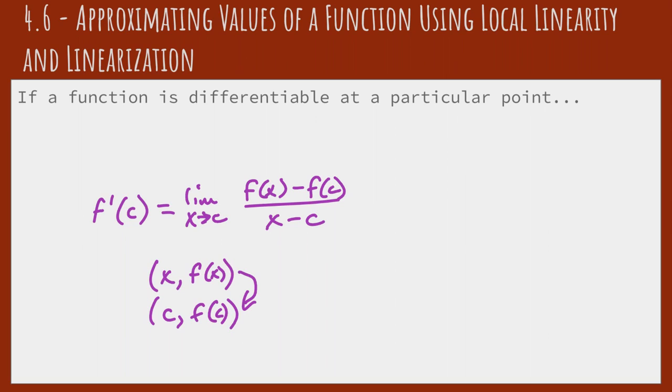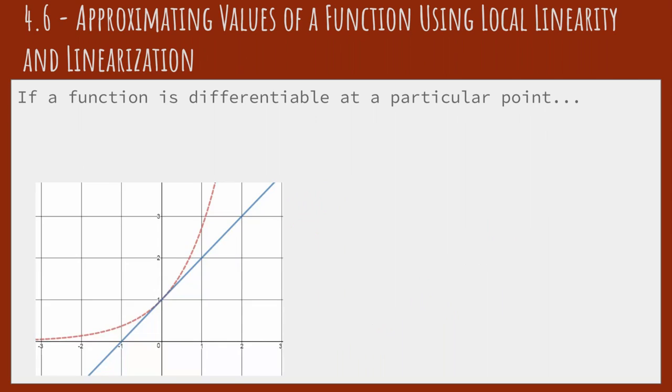What that means is if we look at, say, this is x equals c right here, and this is x, and it's approaching here, what we're getting are a bunch of values for this limit that are approaching some particular slope. So graphically, what that's going to look like is this.